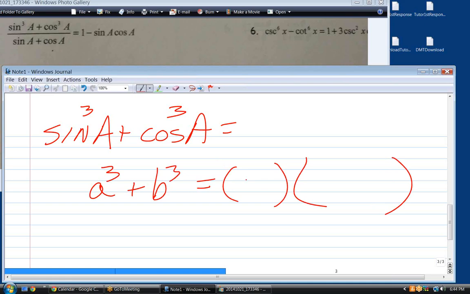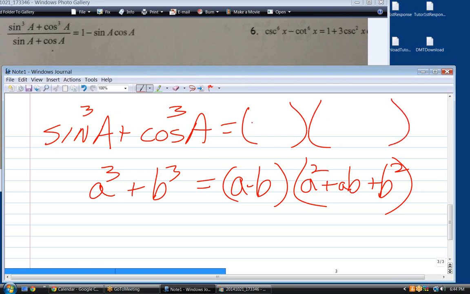Into a minus, or the cube root of a minus the cube root of b, and then a squared plus ab plus b squared. Okay, use that to factor this. Okay, so you get sine minus cosine, sine plus cosine, because, excuse me, this is actually plus and this is minus.